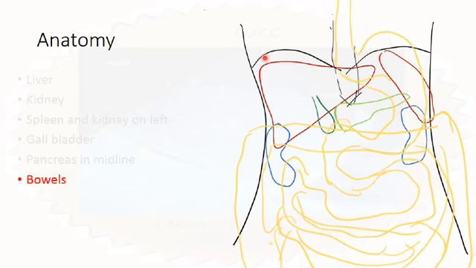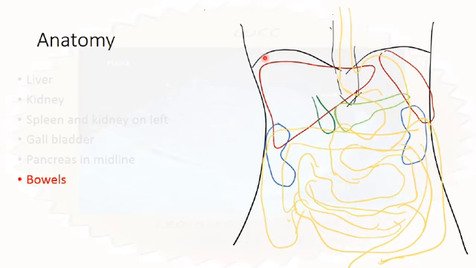The bowels occupy every space that they possibly can, which is not occupied by the solid organs. So wherever the solid organs are not there, the bowels just occupy that space. Sometimes when you have ileus and bowel distension, that's obviously going to make it very difficult to see all the solid organs, because the bowels are filled with gas, and as we know, gas is not the friend of ultrasound.